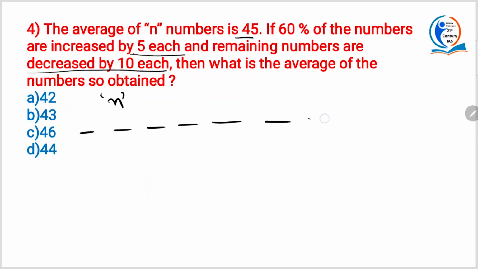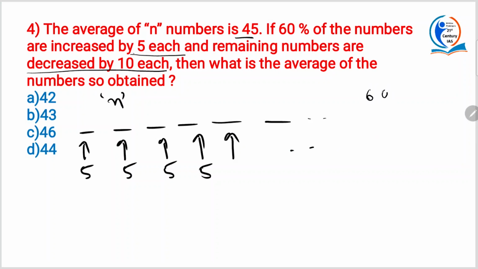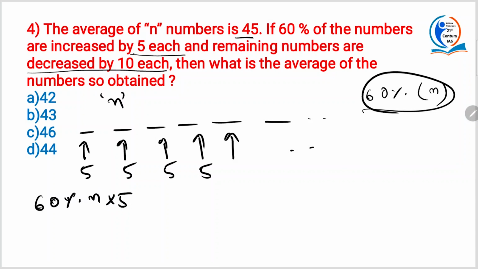Okay, and 60% of the numbers are increased by 5 each, which means this number is increased by 5, this 5, this 5, this 5, this 5, so on. And till what number? 60% of n, these numbers are increased by 5, which means now the increased value, how much did it increase? The total increase is 60% of n into 5.